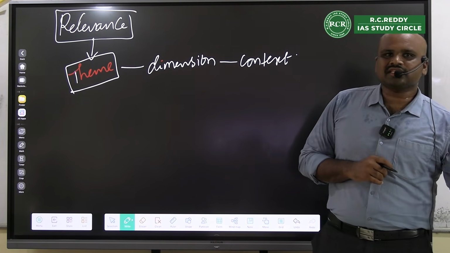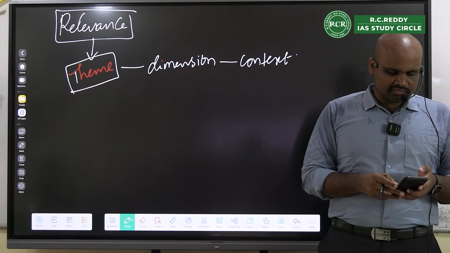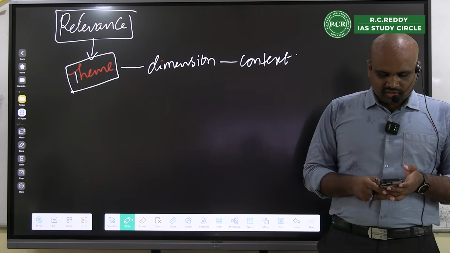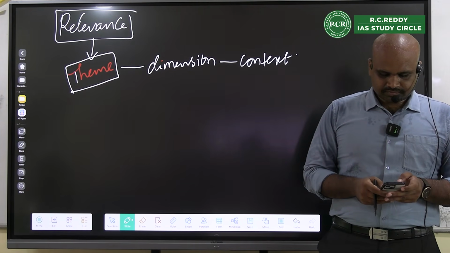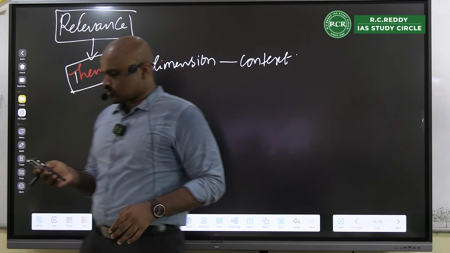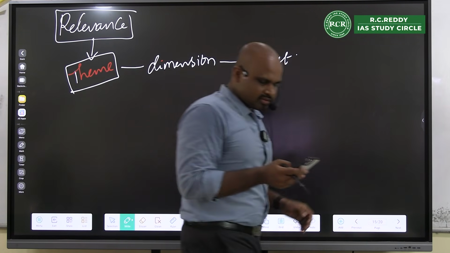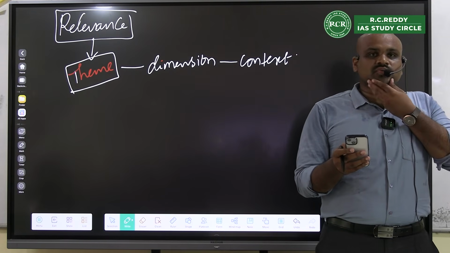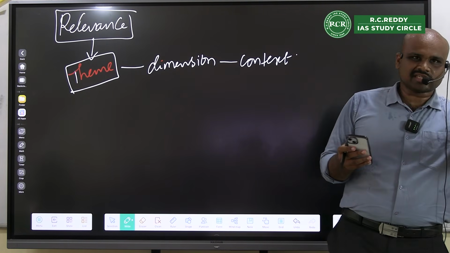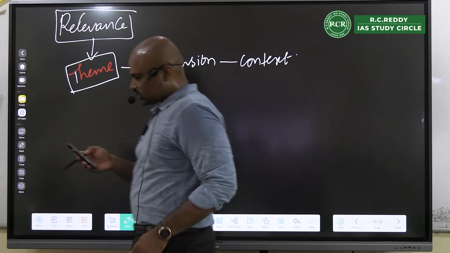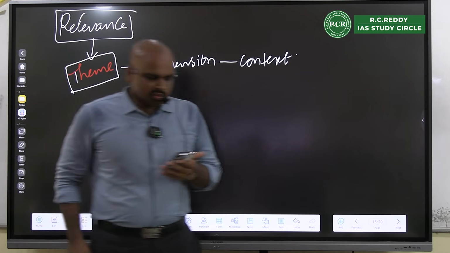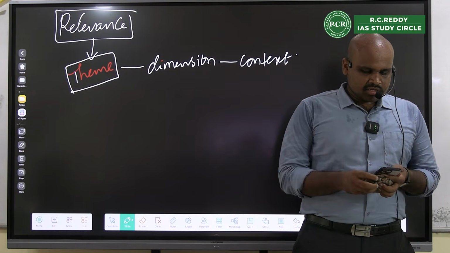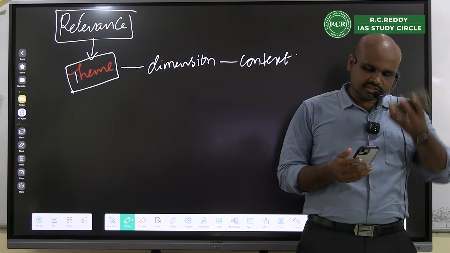Let's take some sample question and look at how we can identify those themes and respective aspects. Suppose I am picking up the GS1 2025 paper. There is one question here. If you want, you can write it down so that we can break it down.